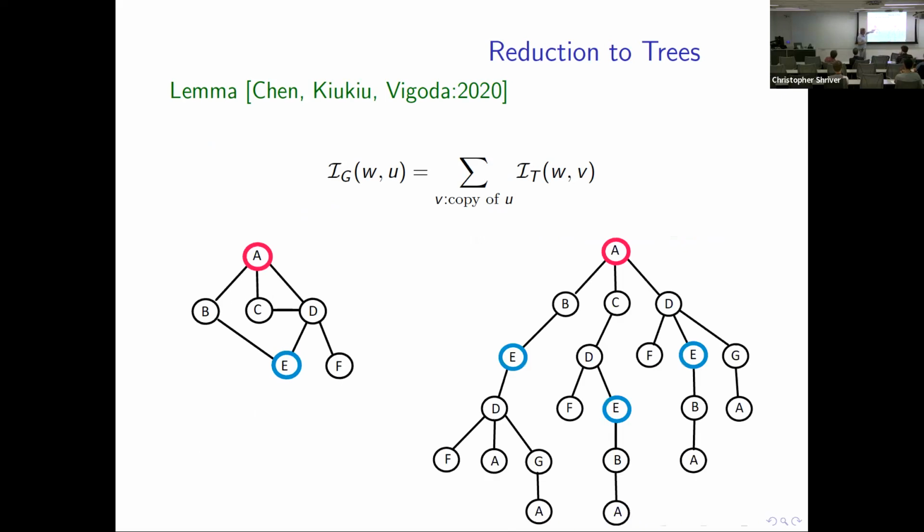Suppose that we want to find the influence of vertex V on vertex E. This nice lemma tells you to take the measure on the tree and look at the influence of the root A on all copies of vertex E in T of A. So basically, the influence of A on E is equal to the sum of the influence of A on all copies of vertex E.